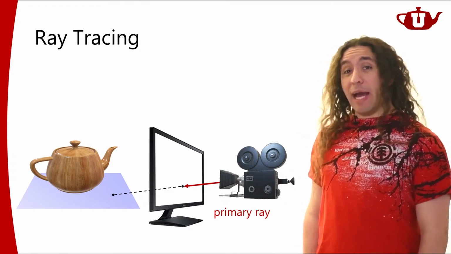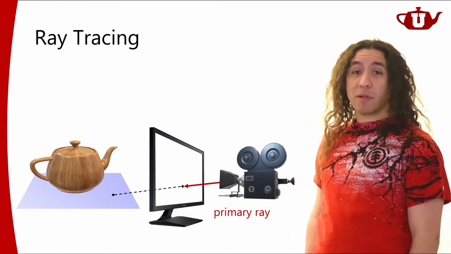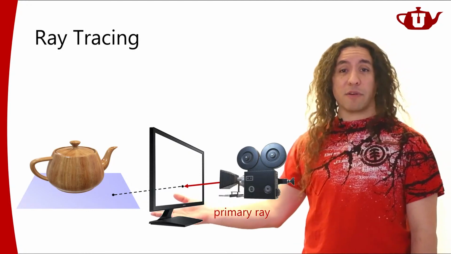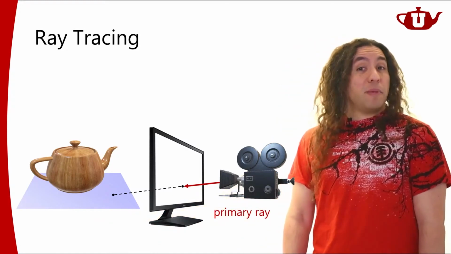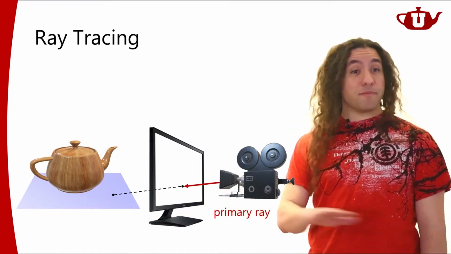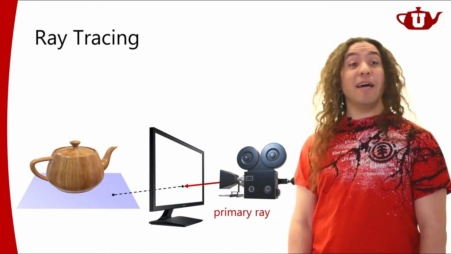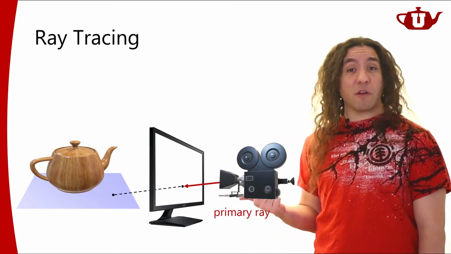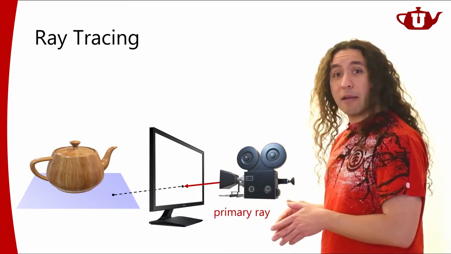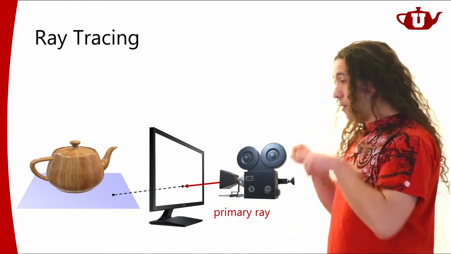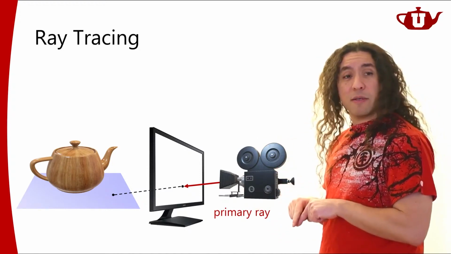Now, after that, I can still use ray tracing to do other things. For example, if this surface over here turns out to be a shiny surface where I see some mirror-like reflections on it, ray tracing is able to solve those reflections for me. So if I'm looking at a reflective surface like this from this direction, what would I see on that reflective surface?